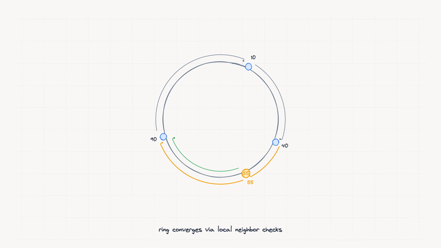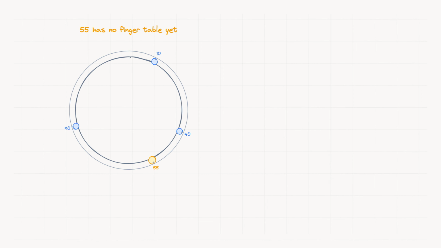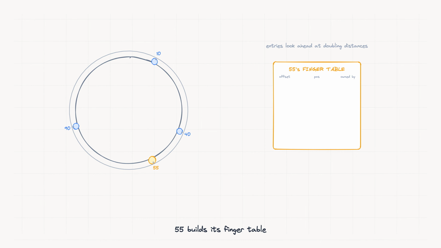That's the ring repaired. But 55 still can't route efficiently. It doesn't have a finger table yet. Remember, a finger table has entries that look ahead at doubling distances. Peer 55 is at position 55, so its first entry looks 1 ahead, position 56. The next looks 2 ahead, position 57.